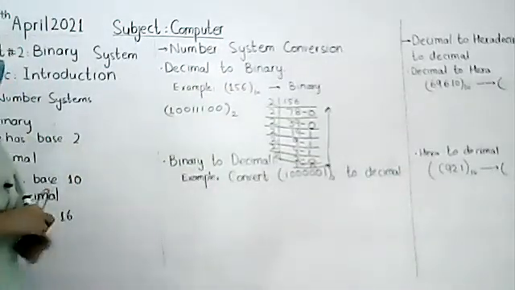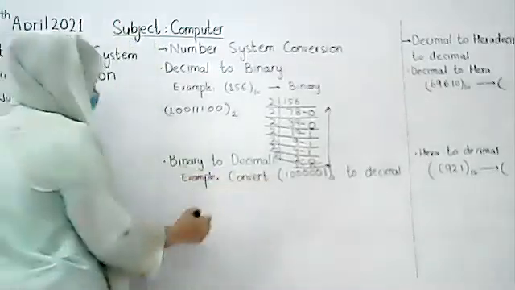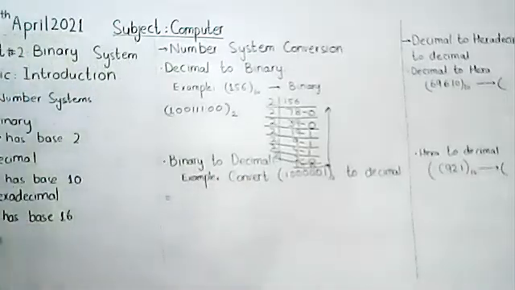Okay, now we have to convert this to decimal. So we will go for the multiplication method. We start to multiply all the numbers one by one with 2.